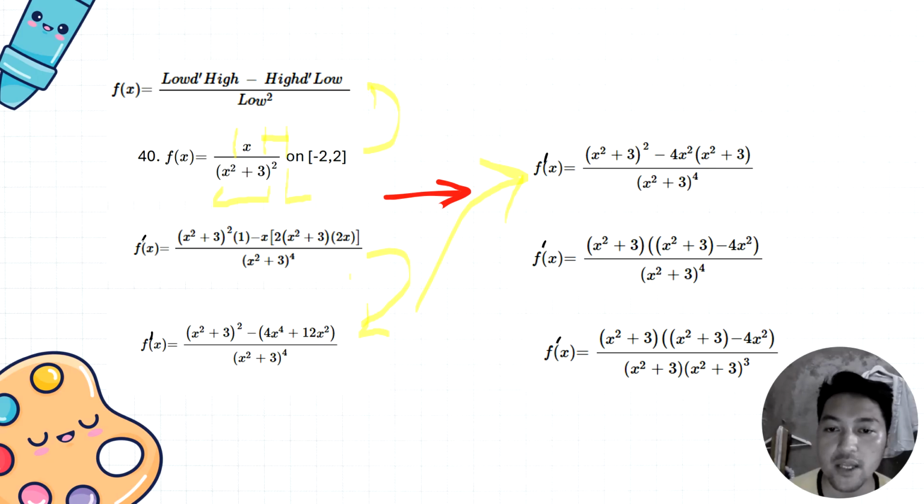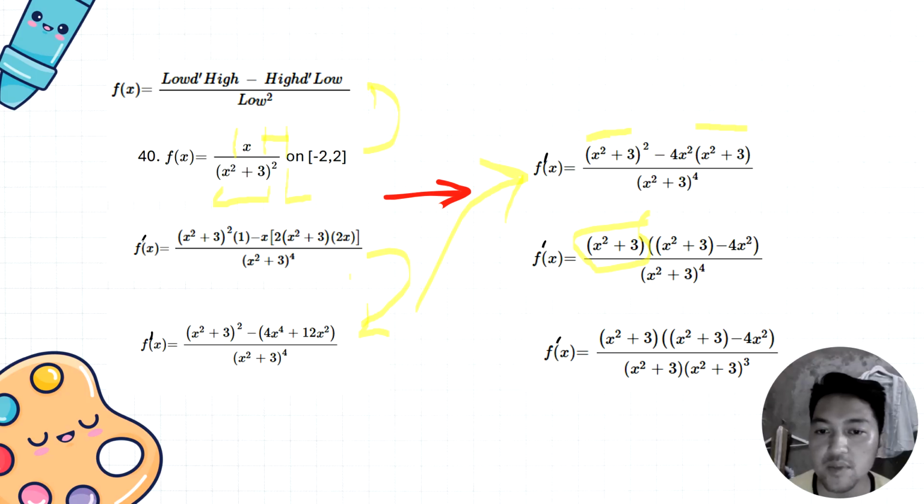So we come up with x squared plus 3 to the power of 2 minus 4x squared, x squared plus 3. As you can see, we have the same common factor on both sides, and we take it out so that we could have a common term.